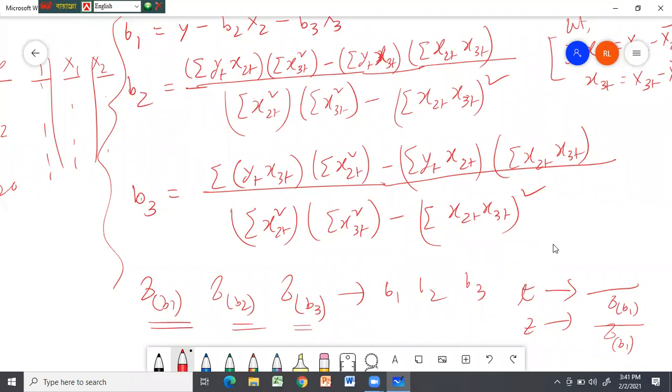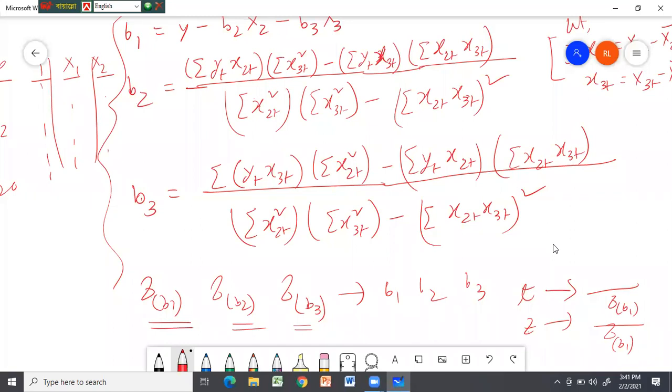Okay. So now we are going to solve a problem from the exercise of the text from this chapter, where we will first estimate the parameters B1, B2, and B3, and then calculate the standard errors to know their statistical significance using the hypothesis test.